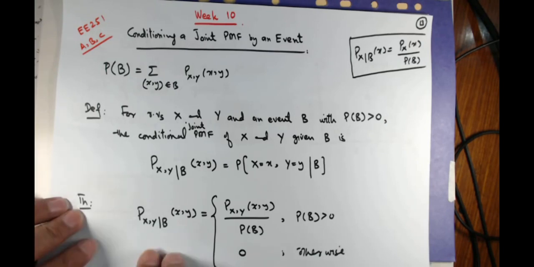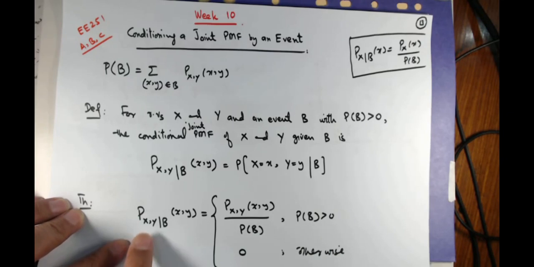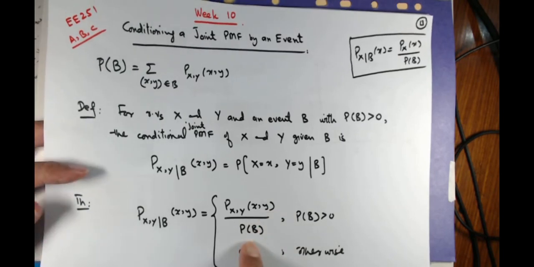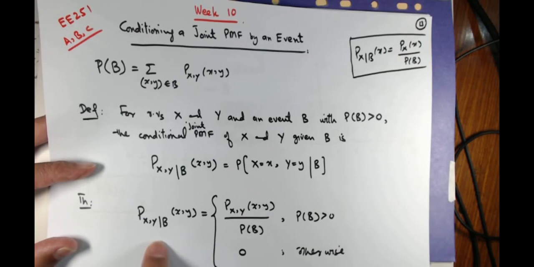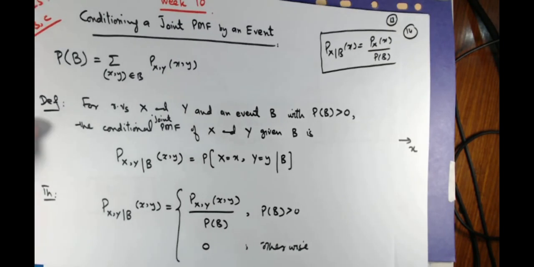And then we noted that using this particular formula, we can find the conditional distribution of x and y given B. So you take the unconditional distribution, divide it by the probability of the conditioning event for all xy points that are contained in B, and then you will have a new conditional distribution.